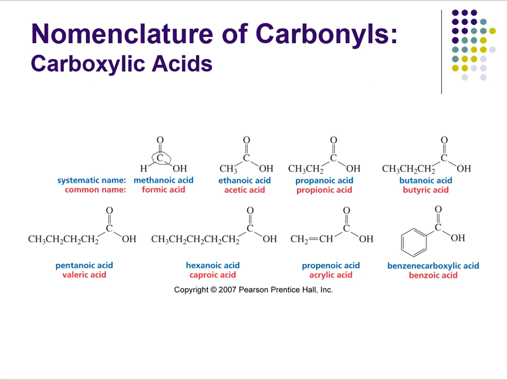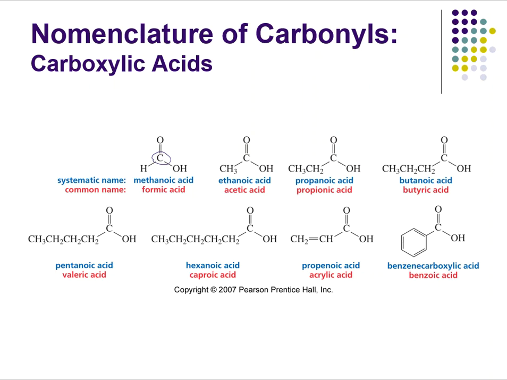Acetic acid, CH3COOH. We learned that probably in General Chemistry 1 and 2. Propionic acid. Okay, 3-carbon chain. CH3, CH2, carbon, double bond OOH. Butanoic acid or butyric acid. There you go.